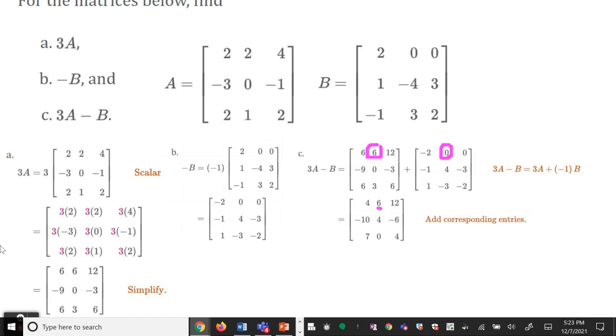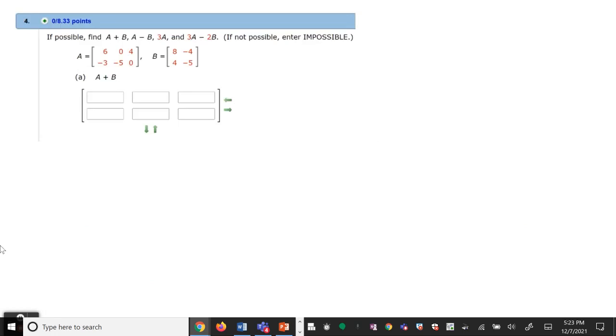And then we're going to take 12 plus 0, and then that's going to be 12, and then negative 9 plus negative 1 gives me a negative 10. 0 plus 4 gives me a 4. Negative 3 plus negative 3 is negative 6. 6 plus 1 is 7. 3 plus negative 3 is 0. And 6 plus negative 2 is 4. So that's what it means by adding corresponding entries. Okay, so again, the only way to be able to add or subtract is if the orders are the same.